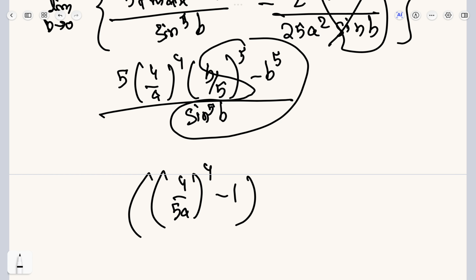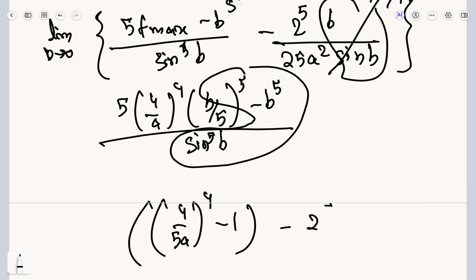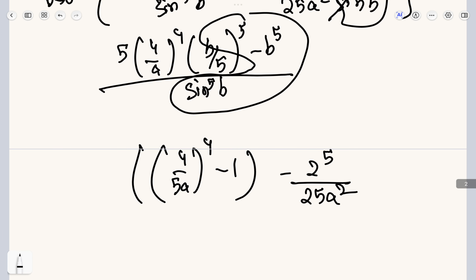I just took b power 5 common, and sine power 5b got cancelled, minus 2 by 5 power 25 a square. So this is my final value for this. I hope it's fine.